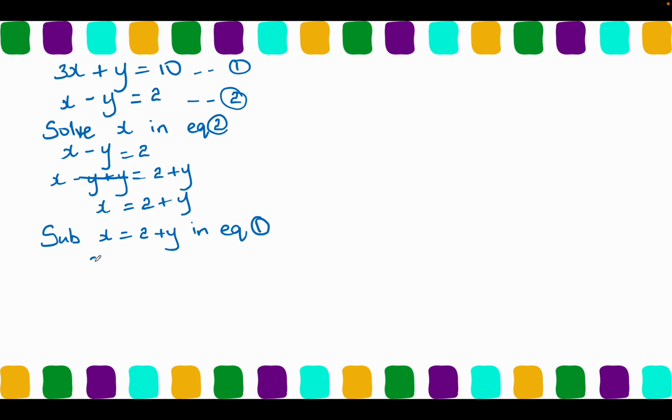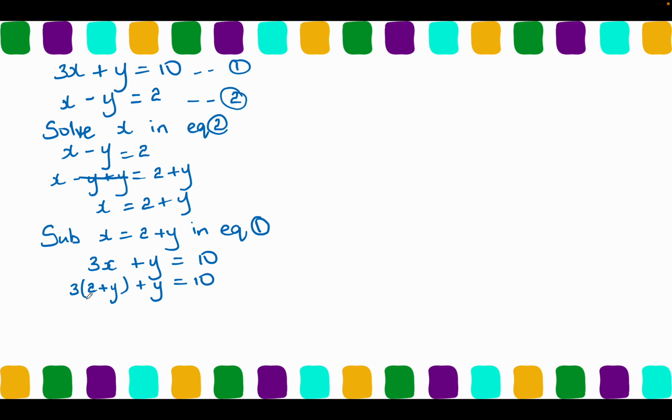Now equation 1 was 3x plus y is equal to 10. So I'm going to put 3 and in bracket 2 plus y, and then my other plus y is equal to 10.